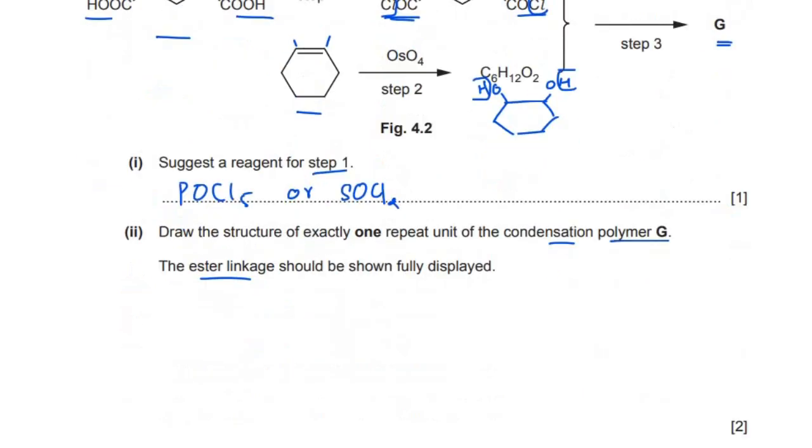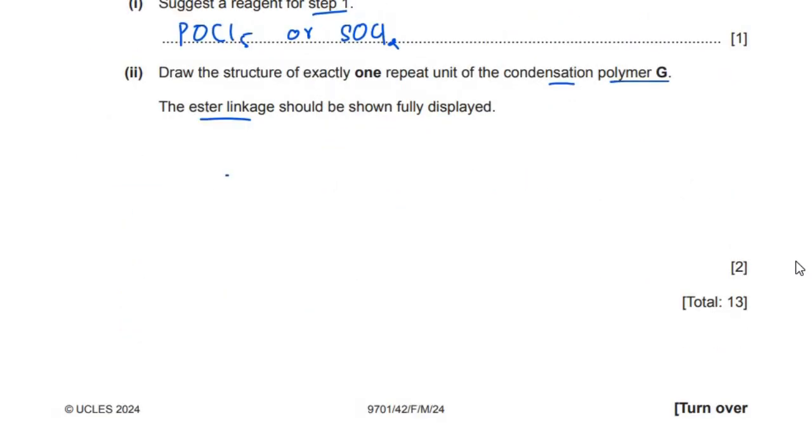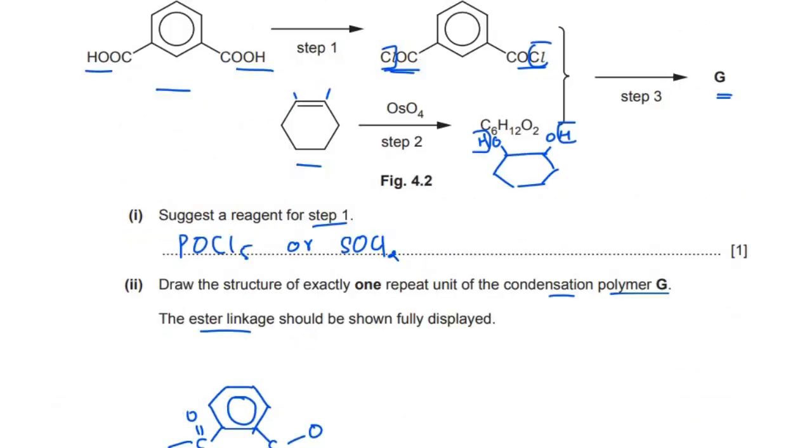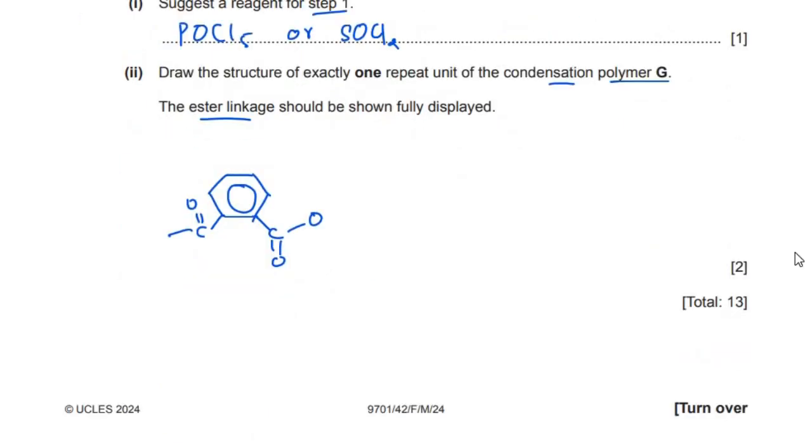So if we draw one repeat unit, starting with the benzene structure first, I'll write CO first and then an extended bond here, again CO and then the extended bond and the ring here. Now that forms an ester with the alkene shown here, which is again a hexagonal ring. So I've drawn an O of the diol, that is the alcohol, and again a hexagonal structure.